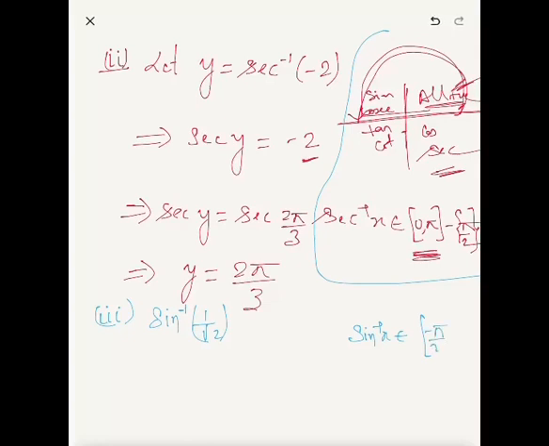Minus pi by 2 closed bracket to pi by 2, okay? Now we will have to find an angle in minus pi by 2 to pi by 2 where you will get 1 by root 2.